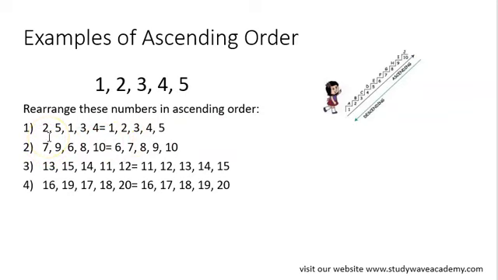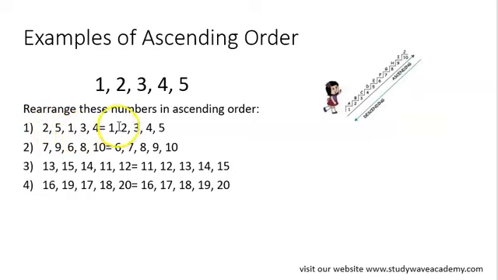Number 1 says 2, 5, 1, 3, 4. When we look at these numbers, which number comes first? Remember, we're arranging from the smallest to the biggest. Which number is the smallest here? Number 1. Correct.